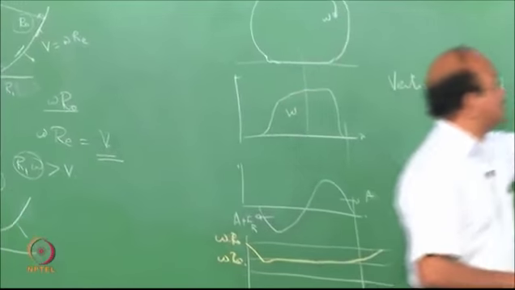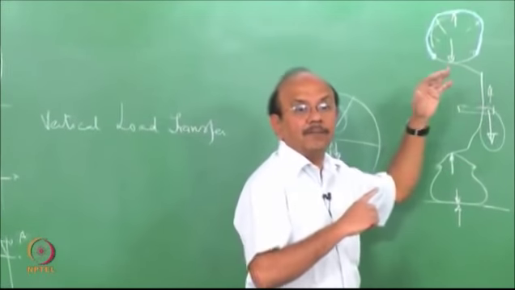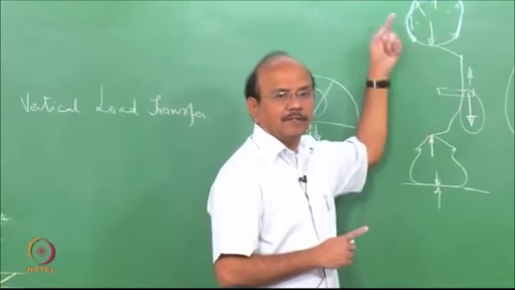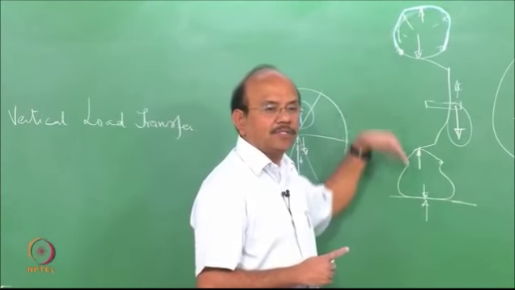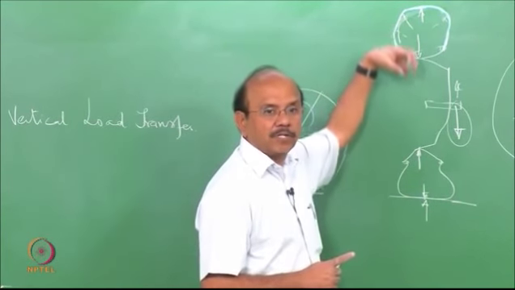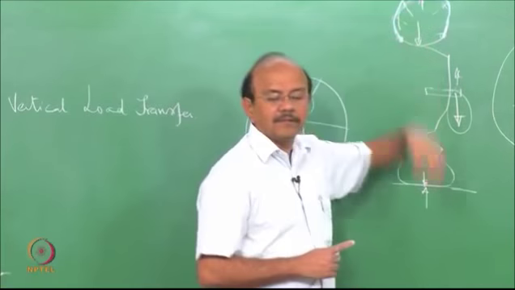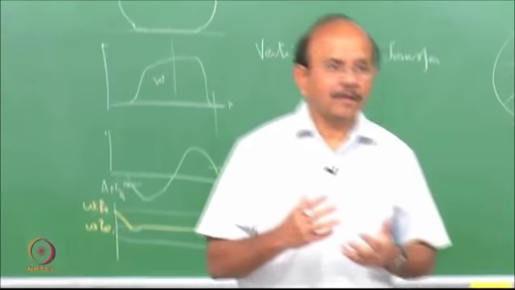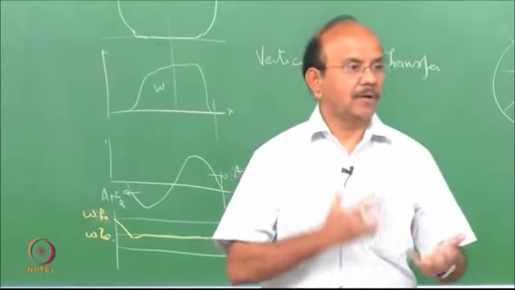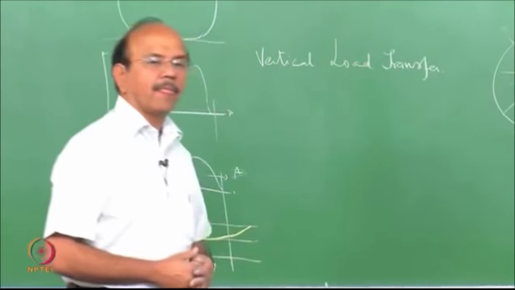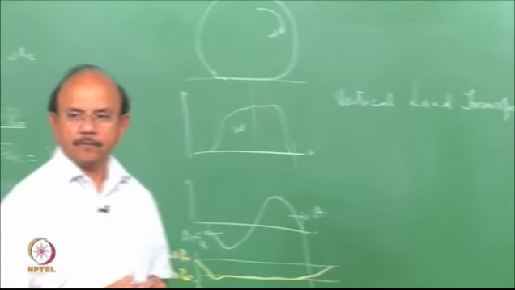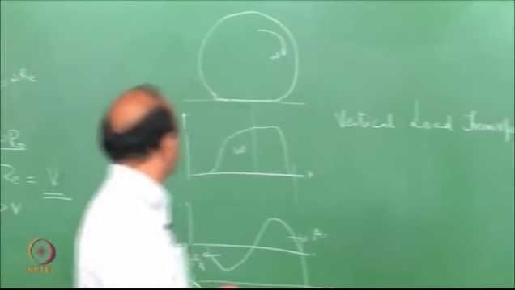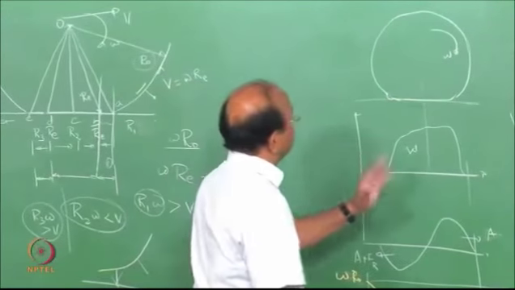This is a stationary figure, but imagine that actually it is rolling. As it rolls, different parts come under tension and hold the wheel. So there is a compression-tension cycle which takes place, which is also responsible for hysteresis. Now let us come back to this figure.